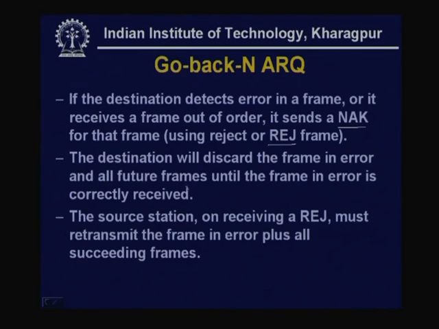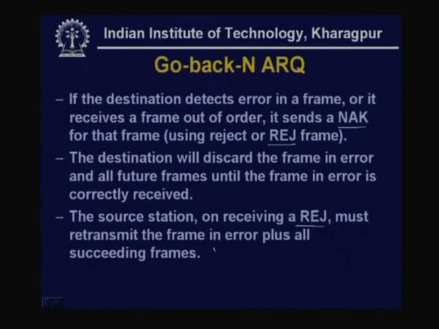So, what will happen? The destination will discard the already received frame until a particular frame is received correctly. The source station on receiving an REJ reject frame must retransmit the frames in error plus all the succeeding frames.